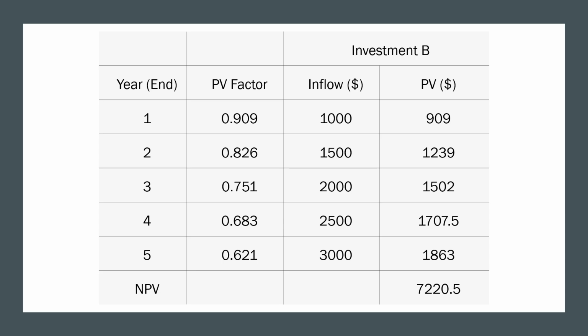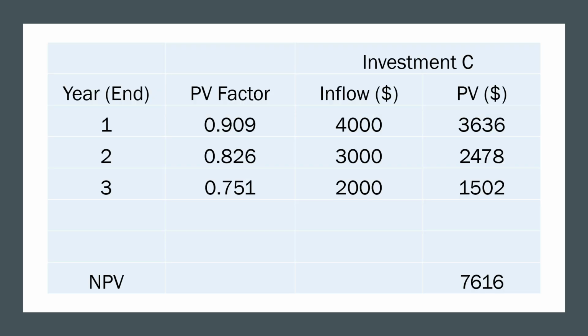Similarly, we can calculate the NPV of investment B as shown in this table. In this case, the NPV of investment B is $7,220.50. Finally, we calculate the NPV of investment C as shown in this table. This gives us a value of $7,616.